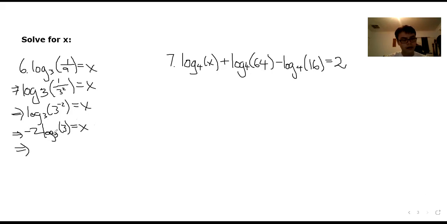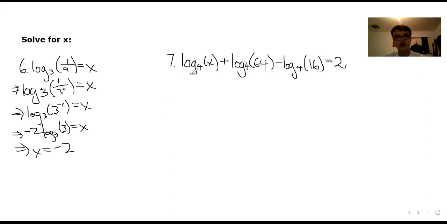And then therefore x is just going to be -2, since the logarithm of a number with the base of the same number is just going to equal 1, which is on the first slide with law number 5. So hopefully this should make sense. So yeah, let's move on to the last question.